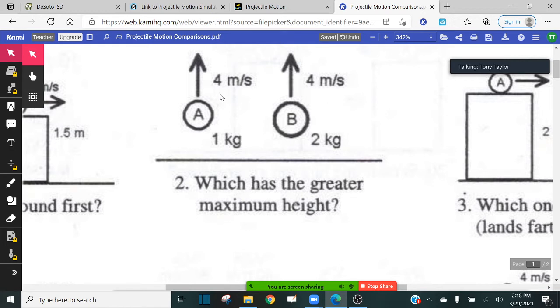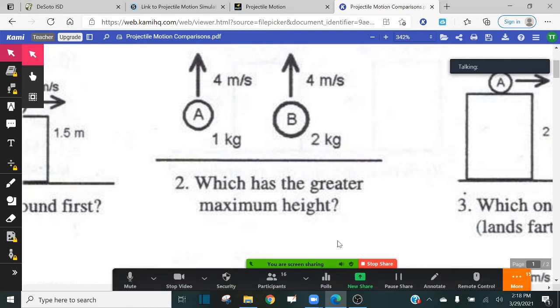So we have two situations, ball A and ball B. But notice, guys, in this case right here, they're both launched with the same speed, but A has a smaller mass. So, guys, someone tell me in this case, which one has the greater height? Or will the heights be the same? What do y'all think?